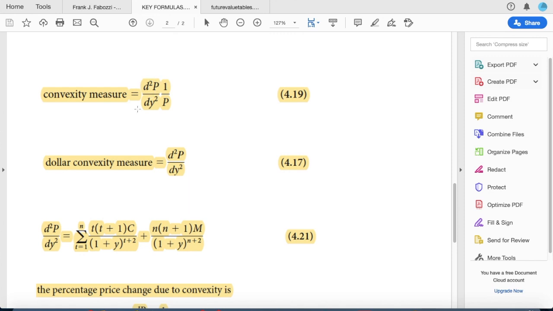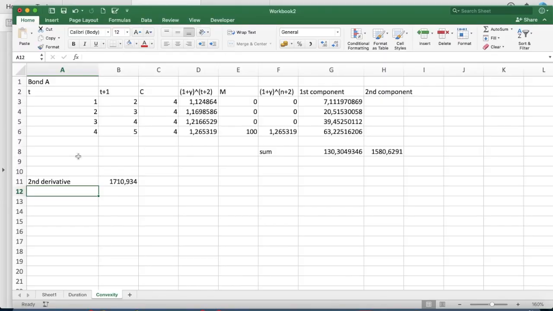Now, once we have the second derivative, we'll just have to divide it by the current price of the bond to get the convexity measure. So divide by 100, which is the current price of the bond, so 17.109. Remember, this is the semi-annual measure, so we have to convert it into an annual measure.